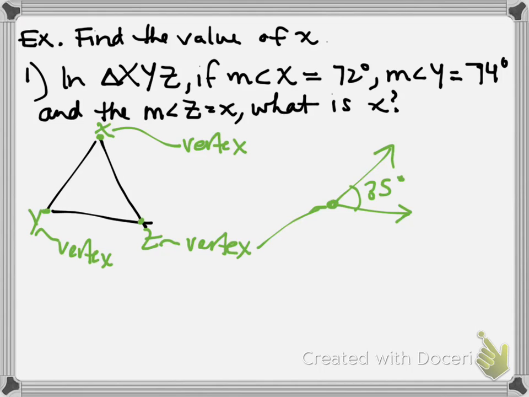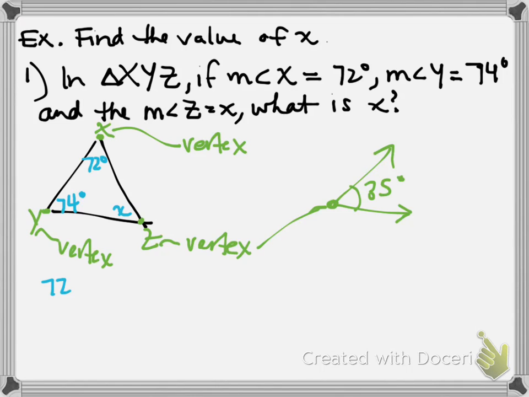So I'm going to add in the numbers that they told me. So let's see, the measure of angle X is 72. The measure of angle Y is 74. And the measure of angle Z is x. So what do we know is true about the measures of the angles of a triangle? They equal 180.